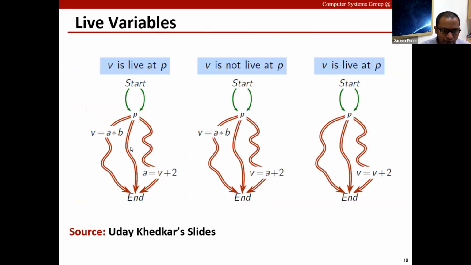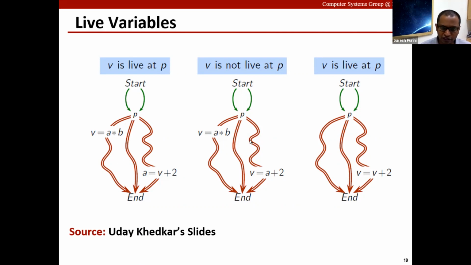Along this particular path, v is neither used nor defined, so this path is useless to us. It doesn't matter, we are indifferent to it. And again, this path is useless because v is occurring on the LHS before it is being used on the RHS. But there is one path in which v is used on the right hand side. So we say v is live at program point P.